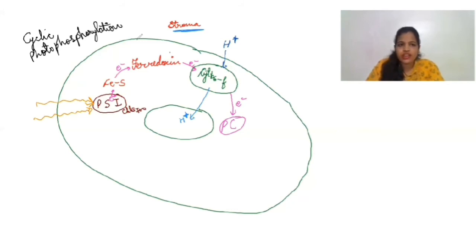Now what happens? You are just continuously taking, let's say your sibling is the stroma and you are the lumen. You are the lumen. So what are you doing? You're just taking the chips from your sibling. So what will happen? You will have more chips. In the same way, the protons from the stroma are continuously sent into the lumen.